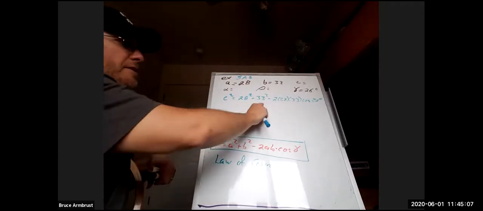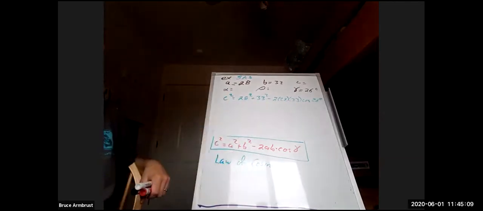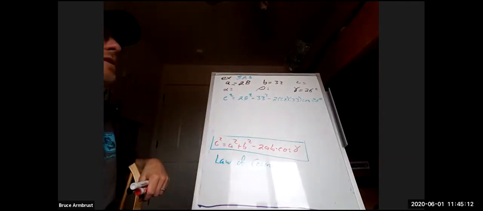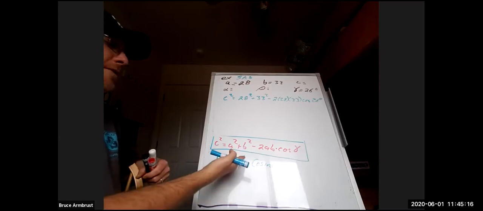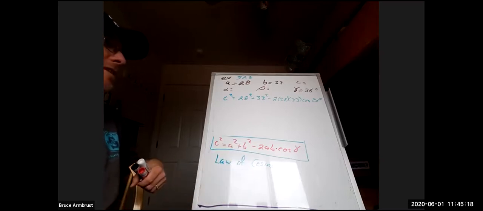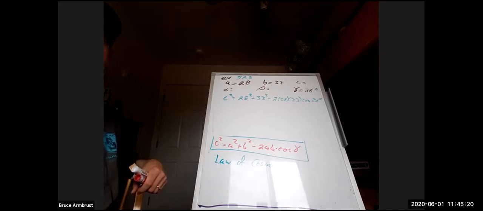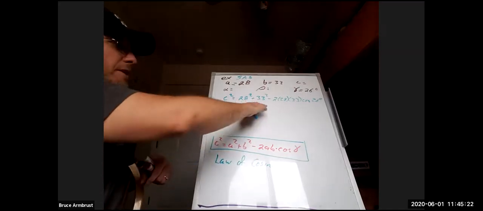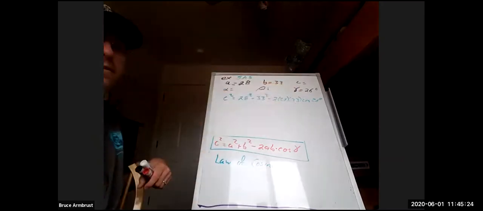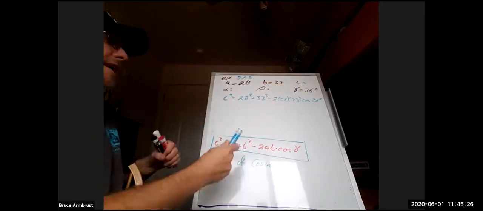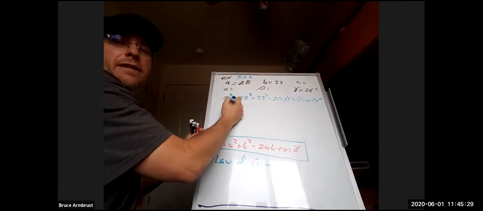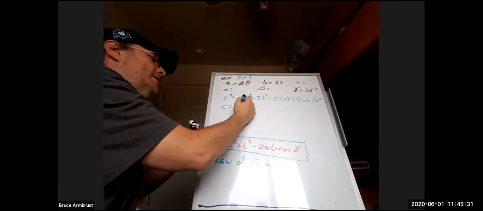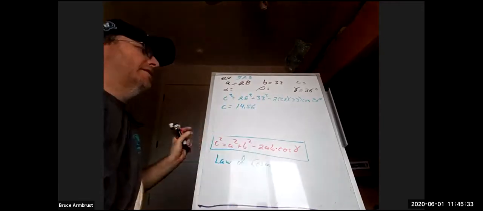We can just punch this into our calculator and then take a square root. Once we remember the form and we just put stuff in, it's a super easy calculation. So square these two, add them, subtract all this other stuff, then take its square root, and we get C is equal to 14.56.